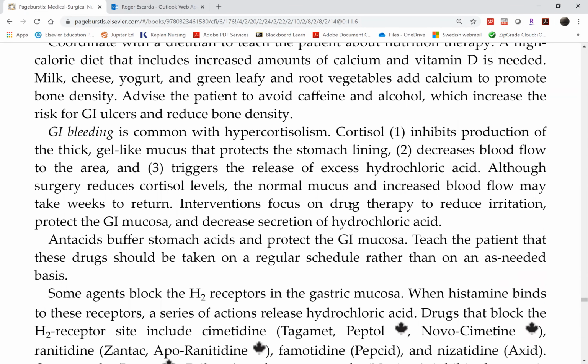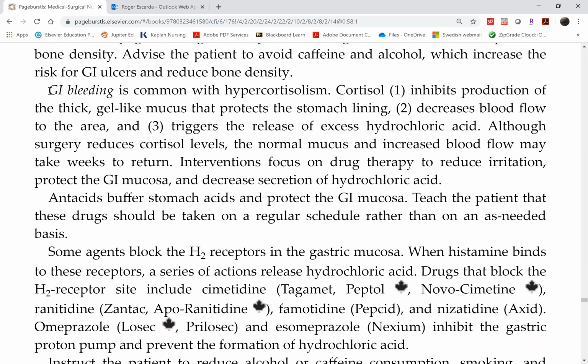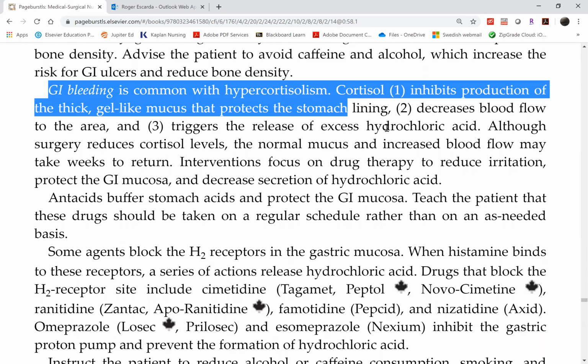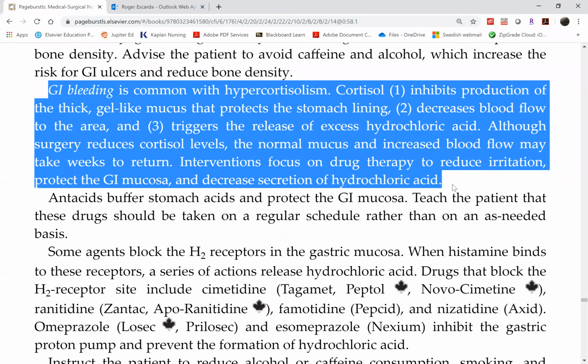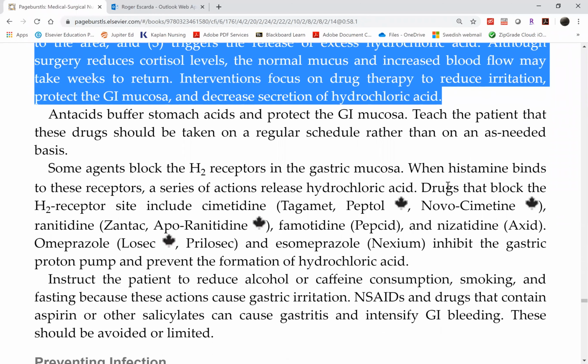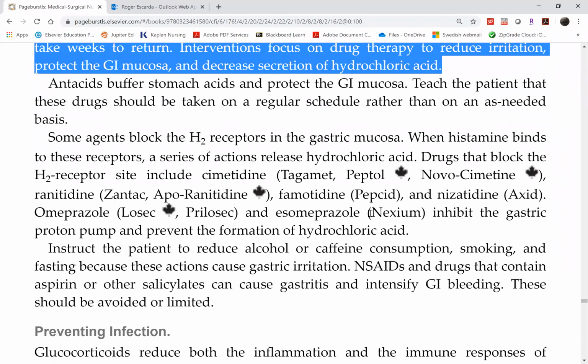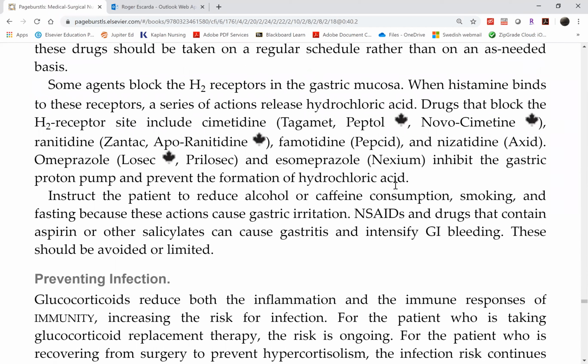Some though are not, like this one, although we talked about it earlier, but here is the prevention of your GI ulcers, therefore preventing GI bleeding. These are the drugs to control increased acid, because the patient does have high gastric acid secretion.